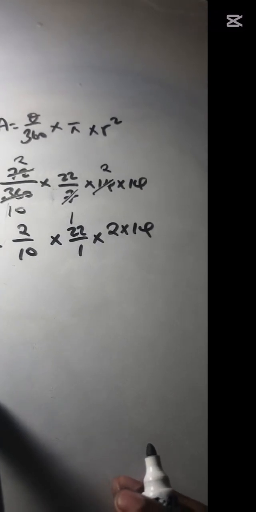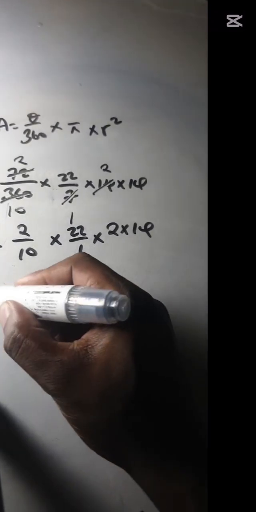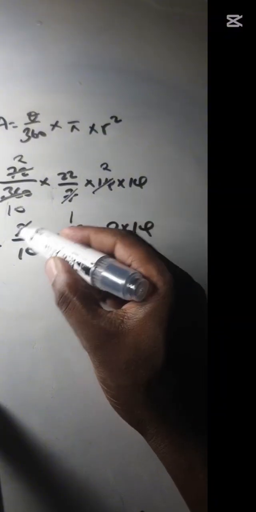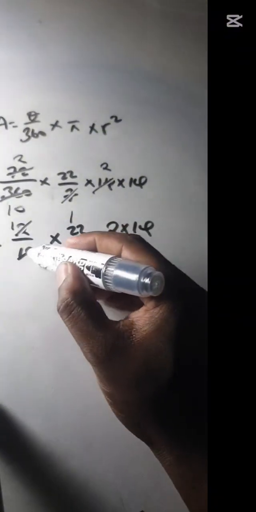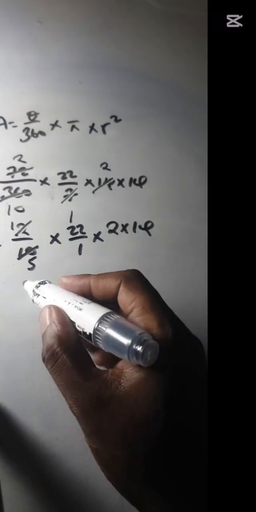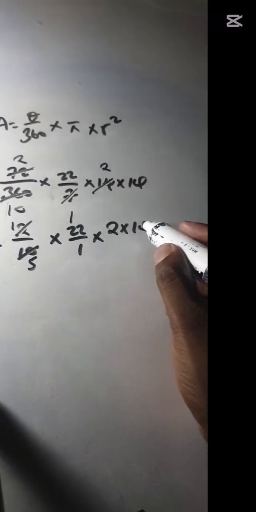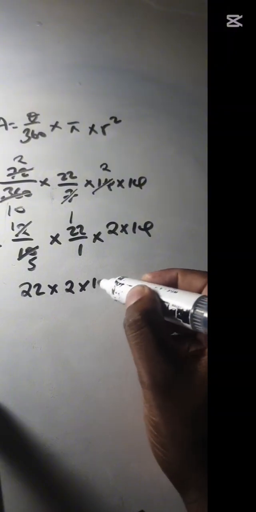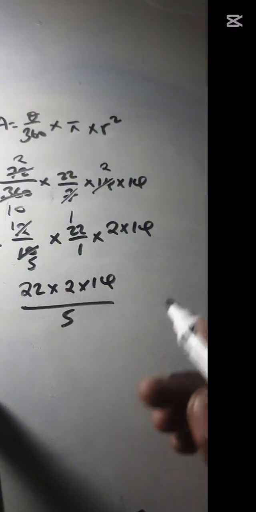You have seen, right? Then we can simply say 2 there, 1, 2 there, 5. So I have 22 times 2 times 14 over 5.